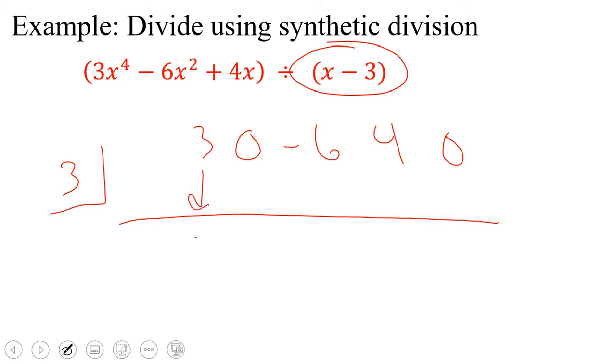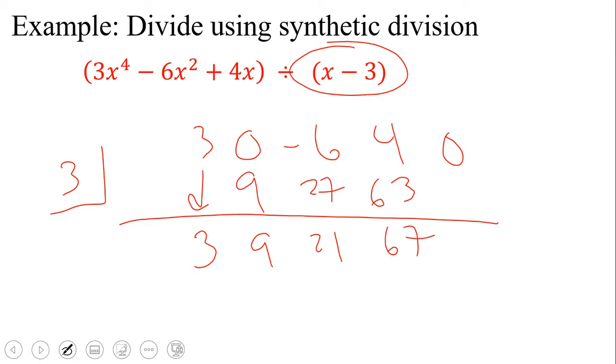You always just bring down the first value, multiply to the box, 9, put that number in the next column, add that column, multiply to the box, put it in the next column, add that column, multiply to the box, add the column, multiply to the box.